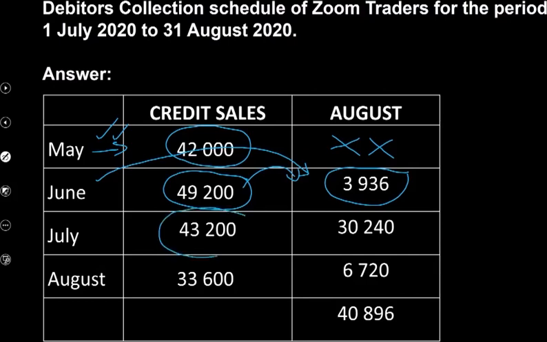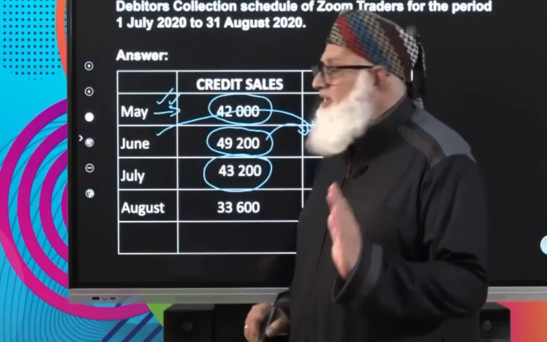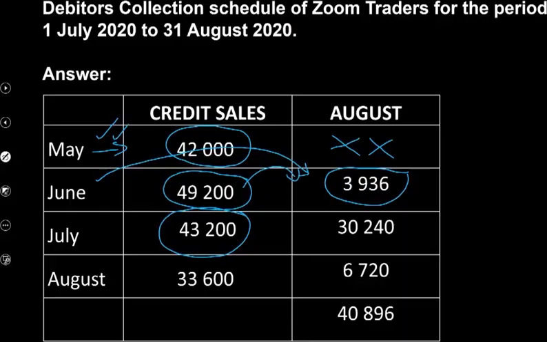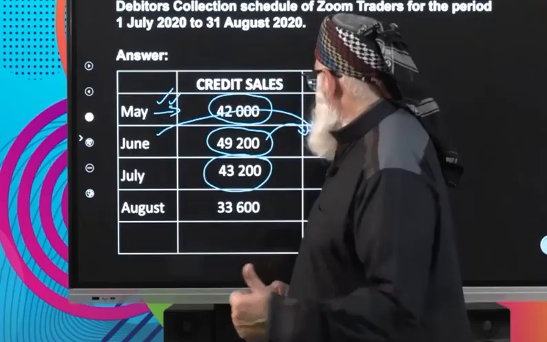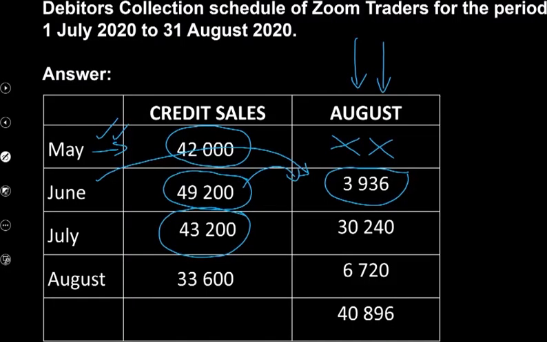So let's go now to July, which we calculated to be 43,200. Again, the question is, how will we calculate July? Because remember, all that we require is the August component of the cash budget. So taking July into consideration, some will pay you in July, the 20%. The 70% will pay you in August, so we can do that calculation now.